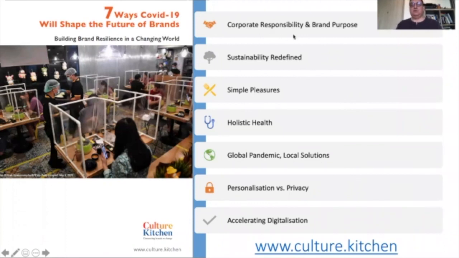The themes are around what you could consider brand trust, sustainability, simple pleasures, holistic health, people going local, this paradox between personalization and privacy, and something you'll be very aware of, which is accelerating digitalization. So you can download this book, which gets in much more detail on some of this stuff, at the website, or just email me. I'd be happy to share it.